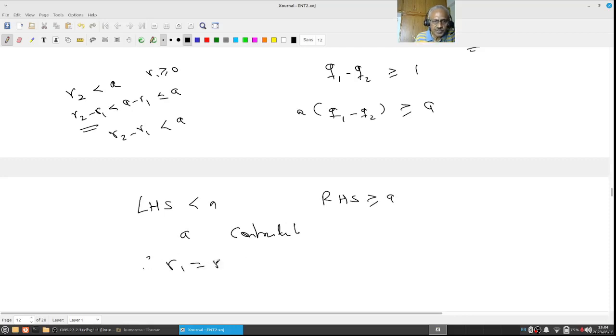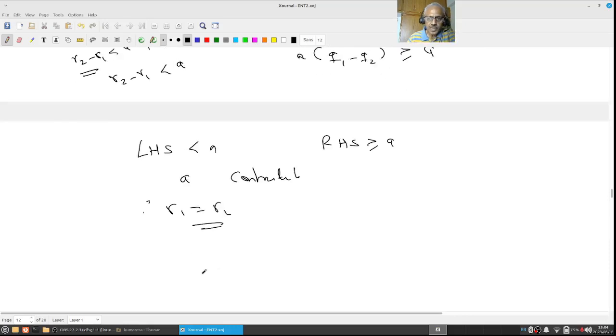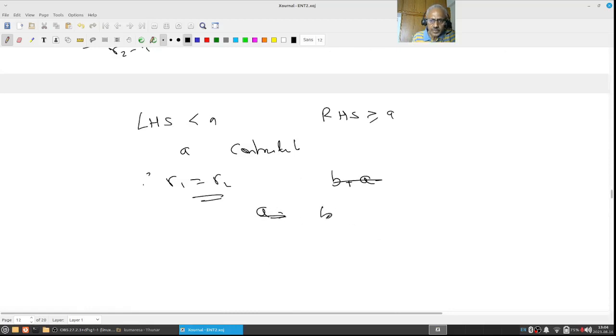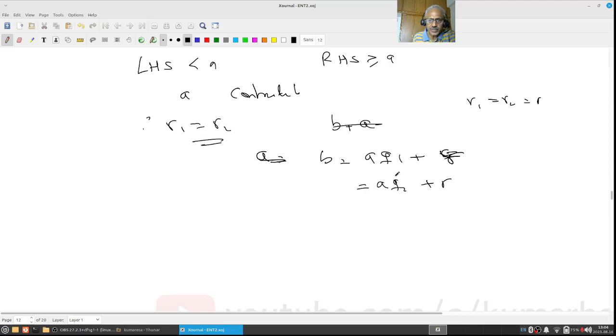Therefore R1 must be equal to R2. If R1 is R2, then what do I get? B equal to AQ1 plus R1, call it simply R, with R1 equal to R2 equal to R, and B equal to A into Q2 plus R. So now equate these two, therefore A into (Q1 minus Q2) equal to 0.